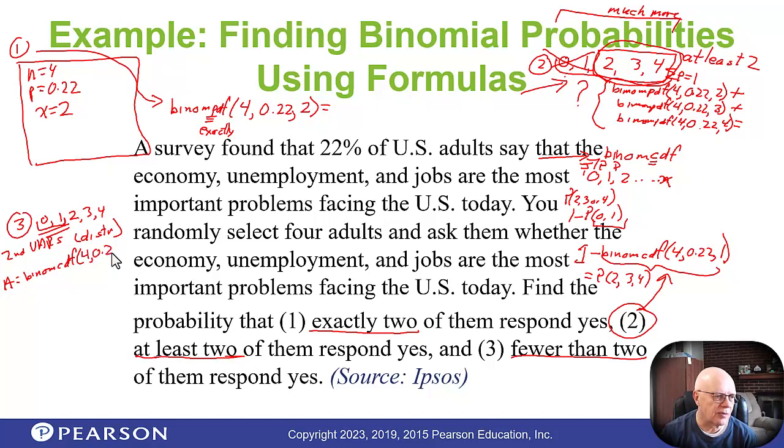Each trial has a probability of 22%. And we're going to have the calculator add the probabilities until it gets to 1. No more. Just 0 and 1. That's less or fewer than 2. So stop calculator, stop when you get to that 1. And that'll give you the result.